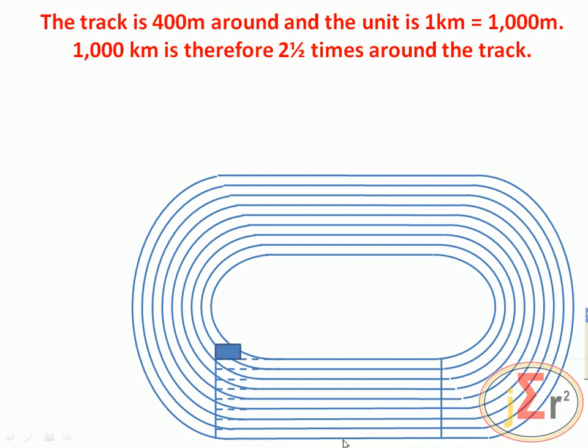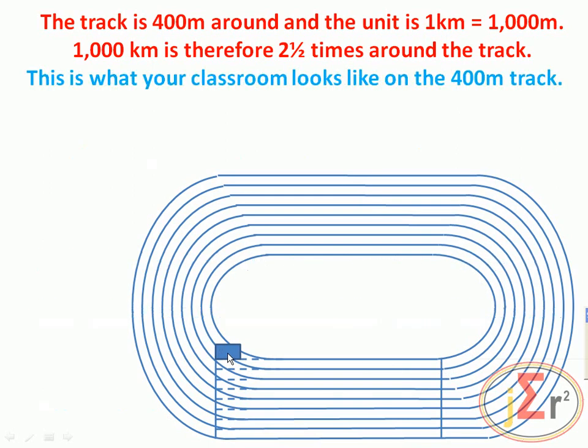So what do we have here? This is your track, which is 400 meters all the way around. This straight portion of the track is 100 meters. And this is your classroom. This is what your classroom looks like on the 400 meter track.